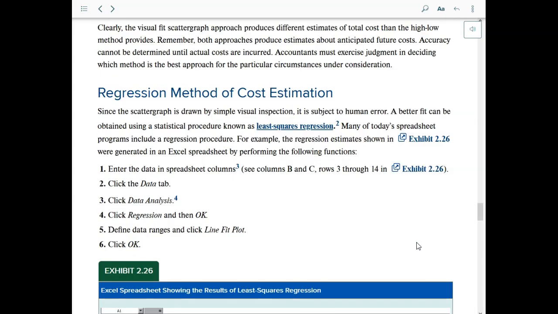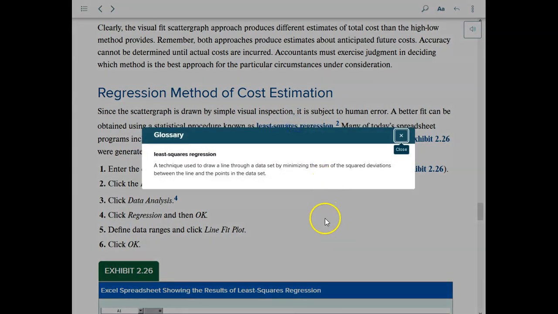And let's get down to regression. I'm not going to have you do the regression model on the test. Just know that this is another way to estimate cost, how they act and so forth, variable and fixed. And it's really quite accurate because you take all the data points into consideration. It says it's a technique used to draw a line through a data set by minimizing the sum of the square deviations between the line and the points in the data set.